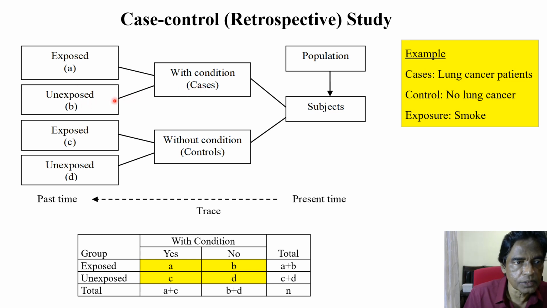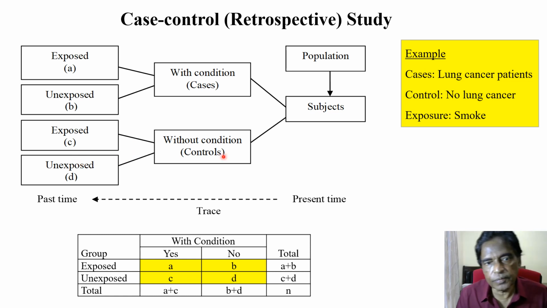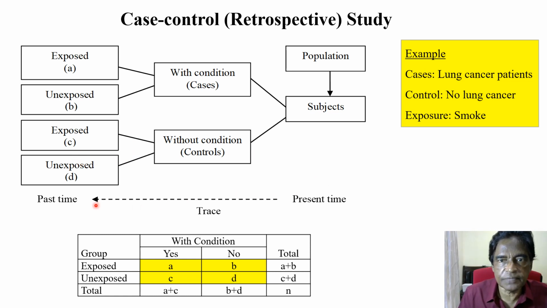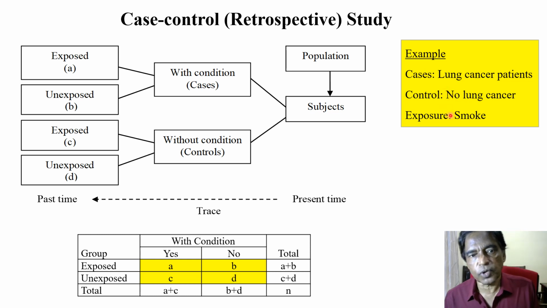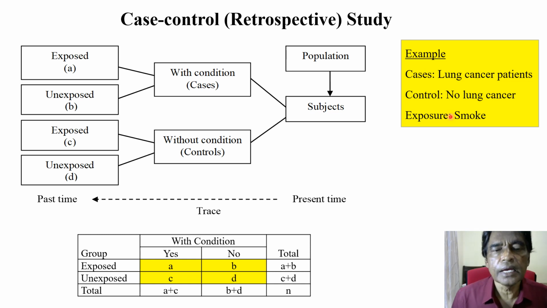Cancer patients who did not smoke. What is C? C is controls, no cancer, but they smoked, and so on. So now you are going backward and seeing whether the outcome of interest, lung cancer, is associated with smoking, or simply whether smoking is a risk factor for cancer.